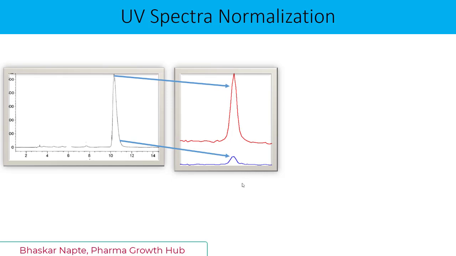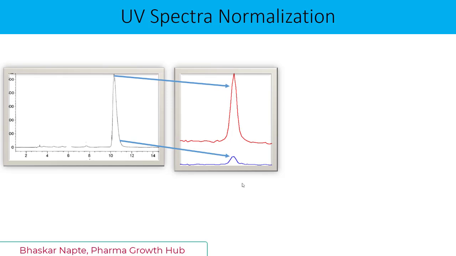Now the point over here is we are going to compare the UV spectra. But how can one compare the UV spectra with the higher magnitude and with the smaller magnitude? It may not be possible to compare accurately, and for that reason there comes a process which normalizes the spectra. In simple manner, you are going to make a similar scale.